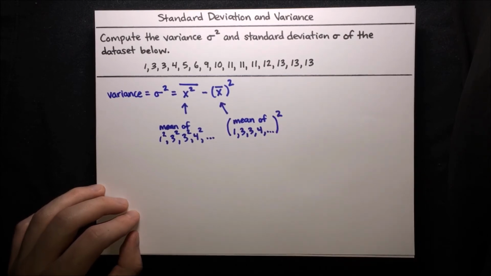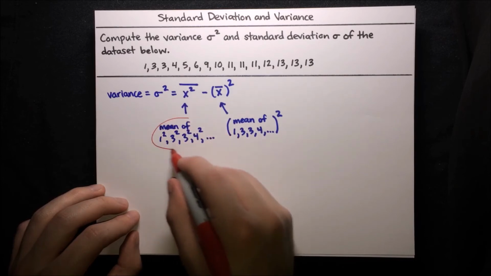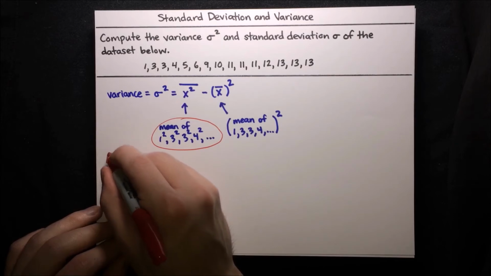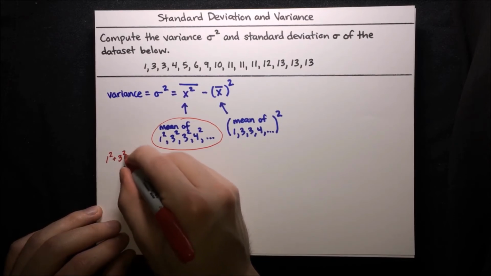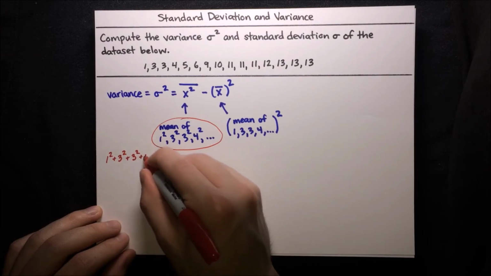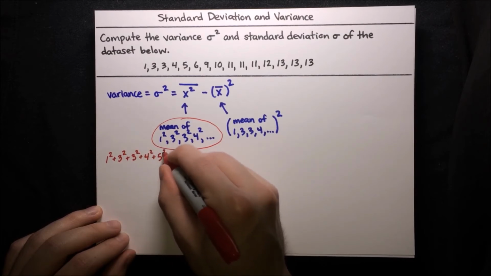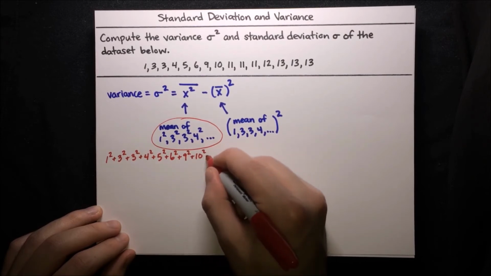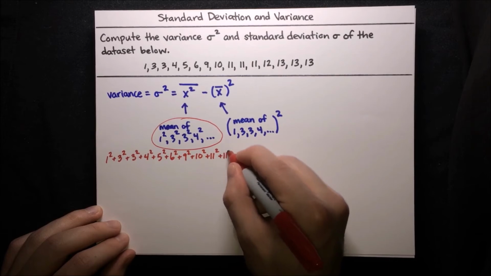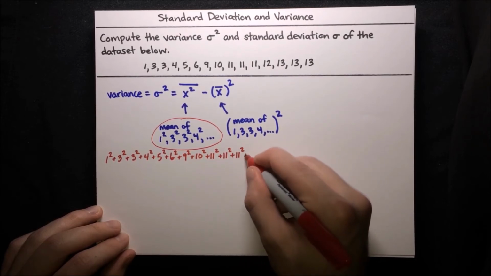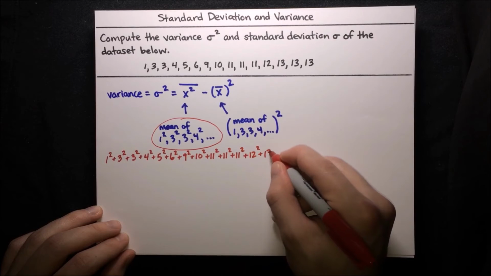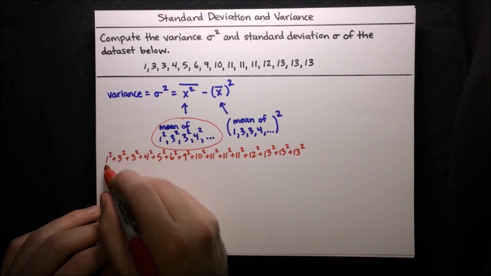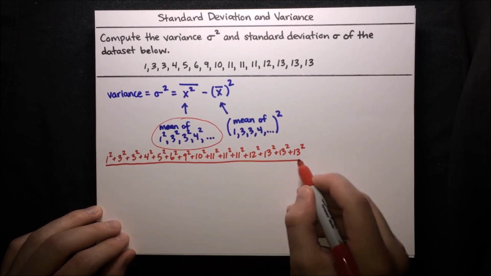Alright, so why don't we do this calculation off to the side? The mean of these squared values, we'll do that first. So we're really just adding up all the squared values. So 1 squared plus 3 squared plus 3 squared plus 4 squared plus 5 squared plus 6 squared plus 9 squared plus 10 squared plus 11 squared plus 11 squared plus 11 squared plus 12 squared plus 13 squared plus 13 squared plus 13 squared, and divide that by the total number of values we're adding up.